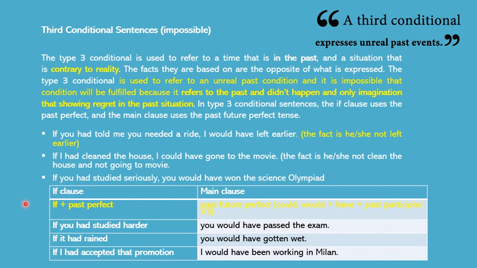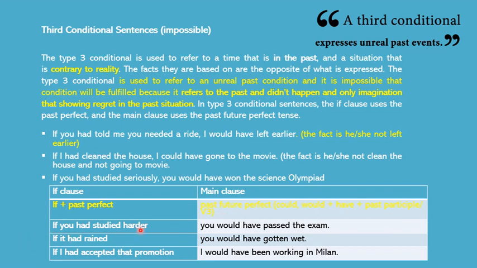Here is the formula or the pattern of the third conditional sentence: if plus past perfect, and the main clause with past future perfect. You can use could or would plus have plus the past participle, or verb 3.